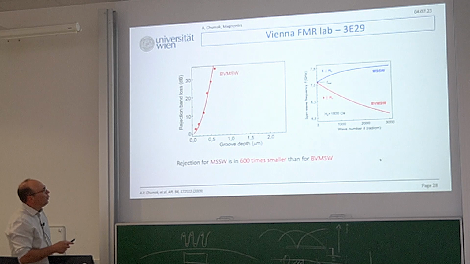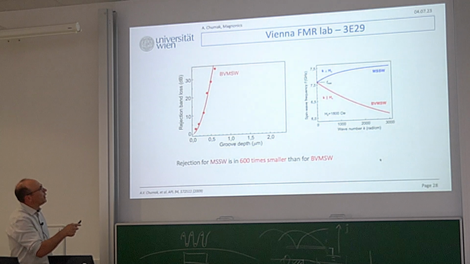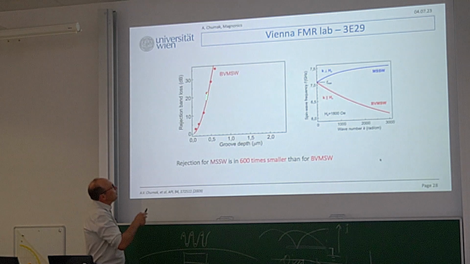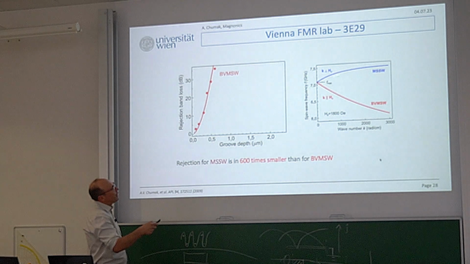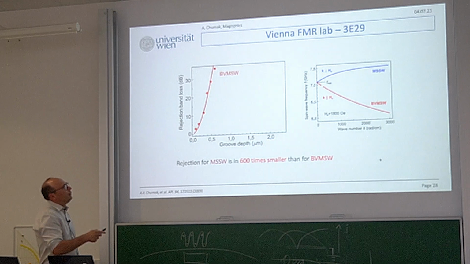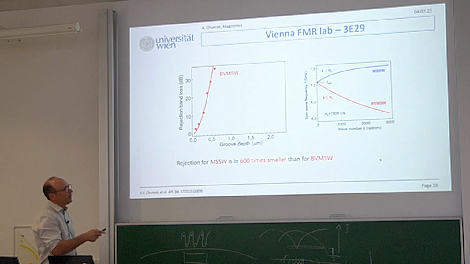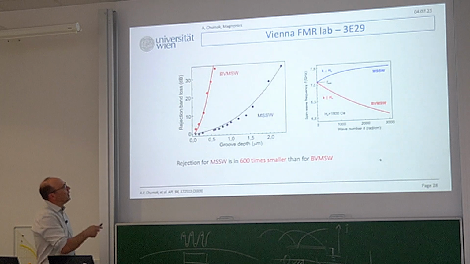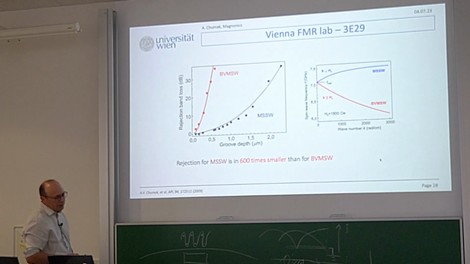And then what we did also, we decided to check how this magnonic crystal behaves for backward volume and for magnetostatic surface spin waves. And we see that for backward volume it behaves like this, and for MSS wave it behaves like this.